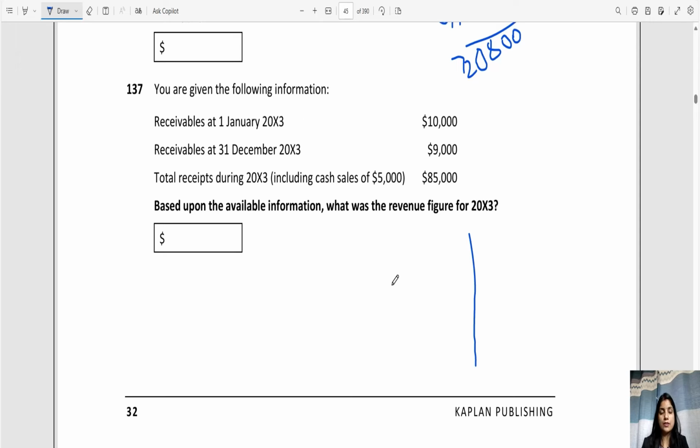Let me know your answer in the comment box. Basically receivable is your asset, and being an asset it should be on the debit side, right? Receivable at 1 January is a brought forward balance, and the amount is 10,000, right?